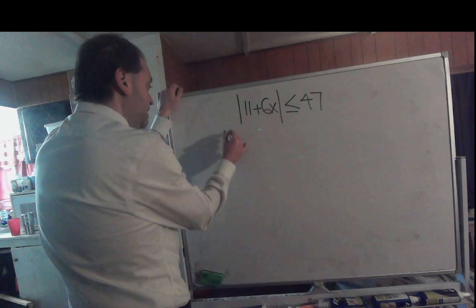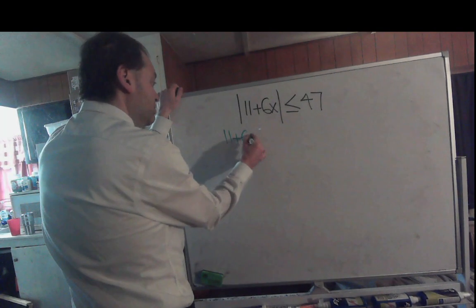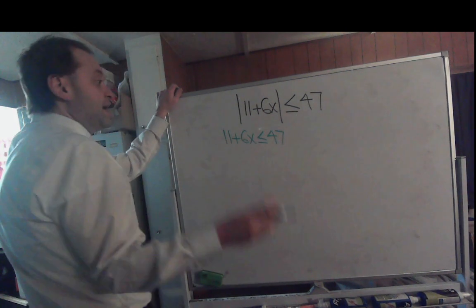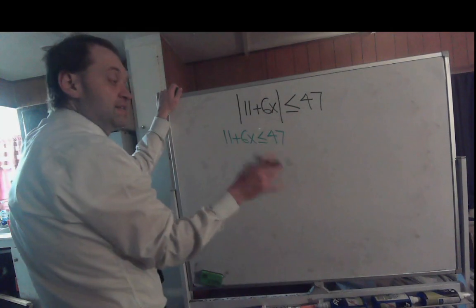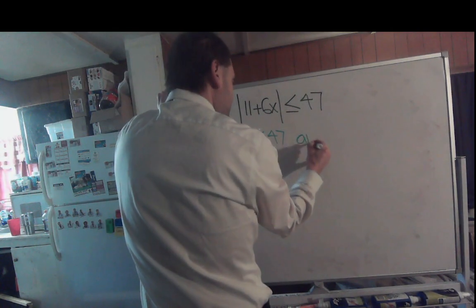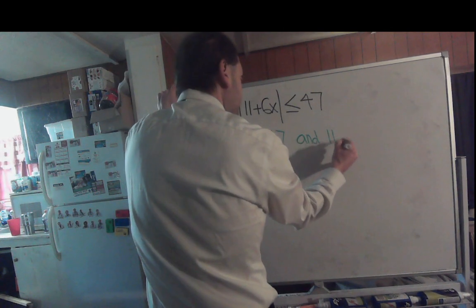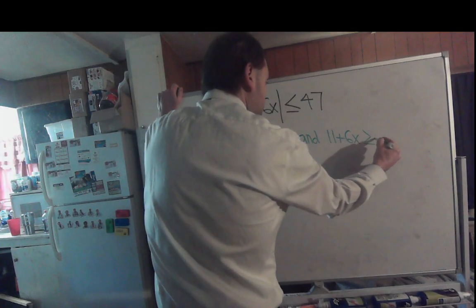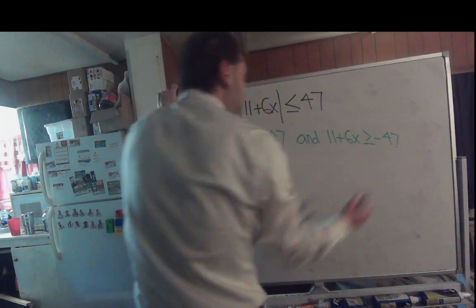You'll have 11 plus 6x itself would be less than or equal to 47. And then less than, so you'll use an and. You'll have 11 plus 6x is greater than or equal to negative 47.